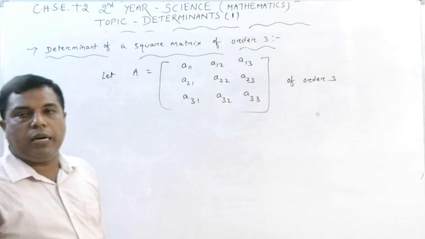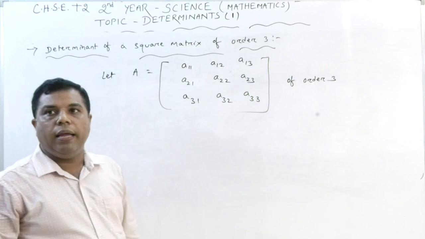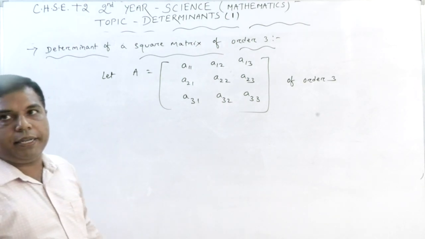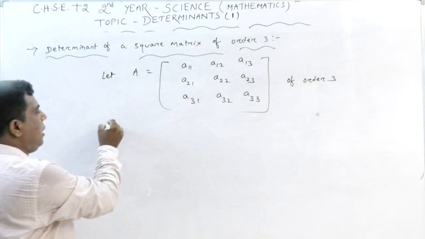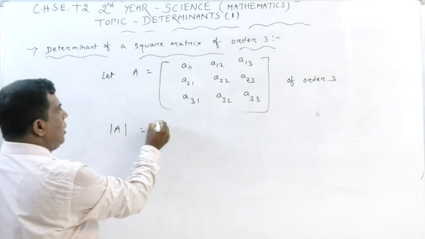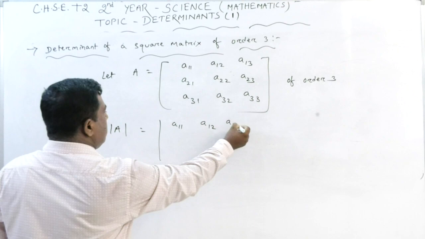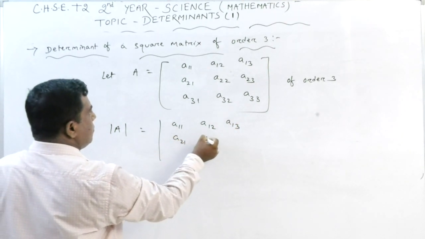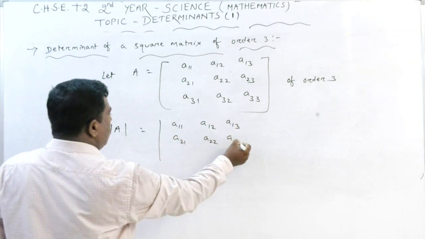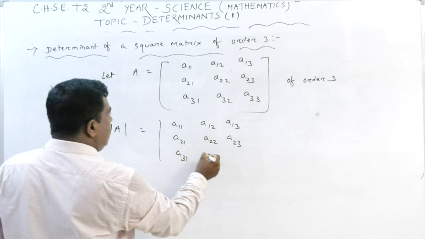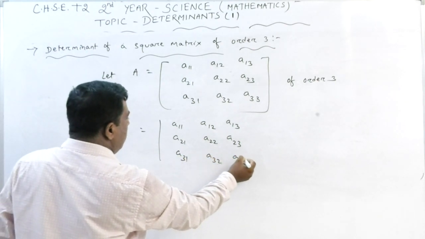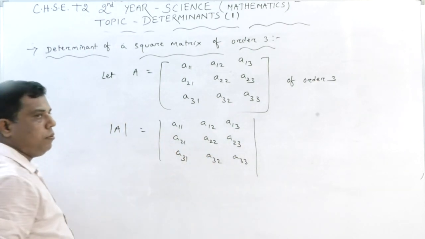Then how are we able to get the determinant value of this matrix? Determinant of A means this one. I am representing it now in the determinant form. Now if it is written in the determinant form, how to get its value?